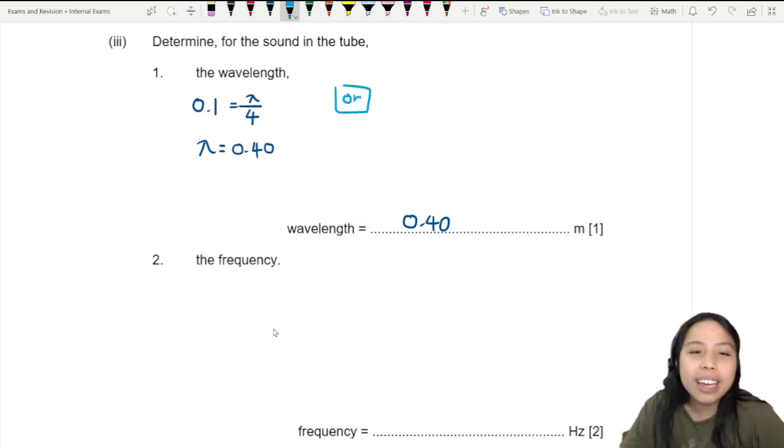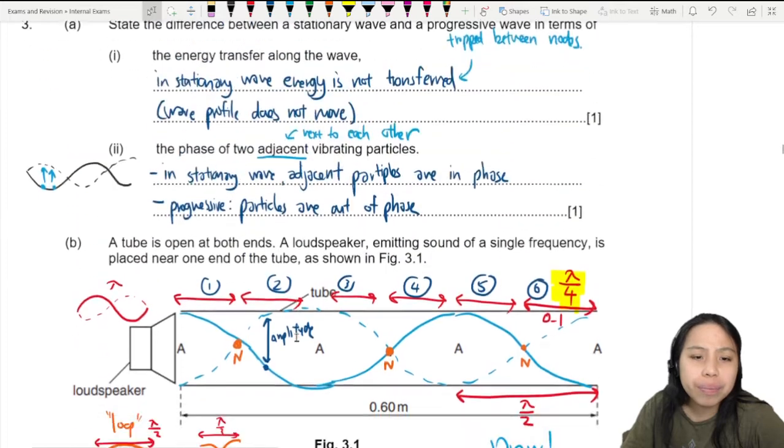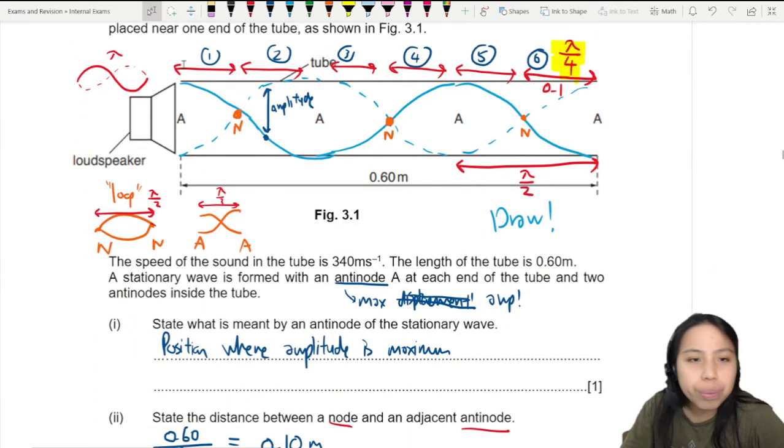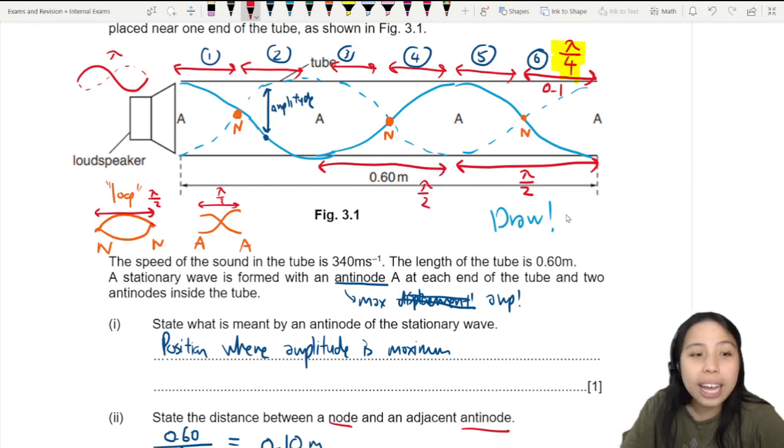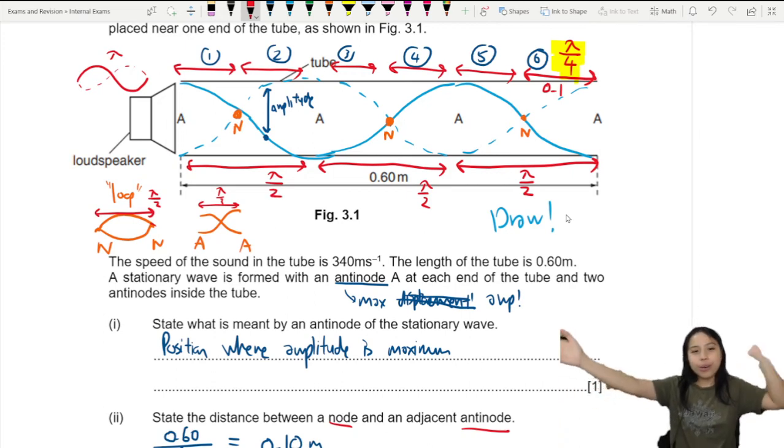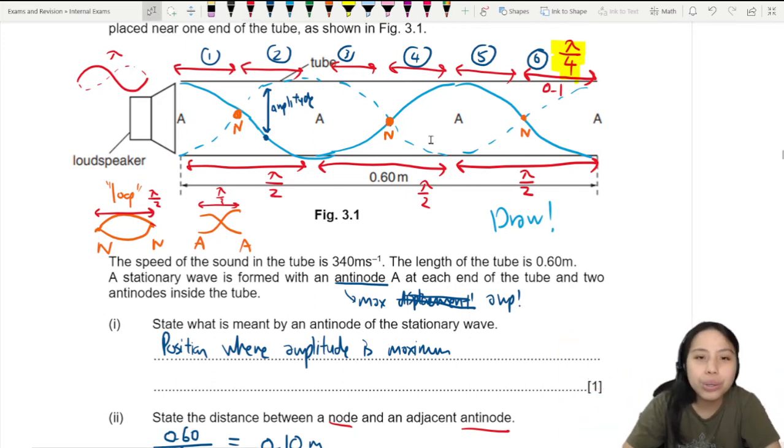Or you can say, this entire tube is how many half wavelengths? Let's do it. 1, lambda over 2, and another lambda over 2. Can we do that? Okay. 3 lambda over 2s is the whole length, 0.6.